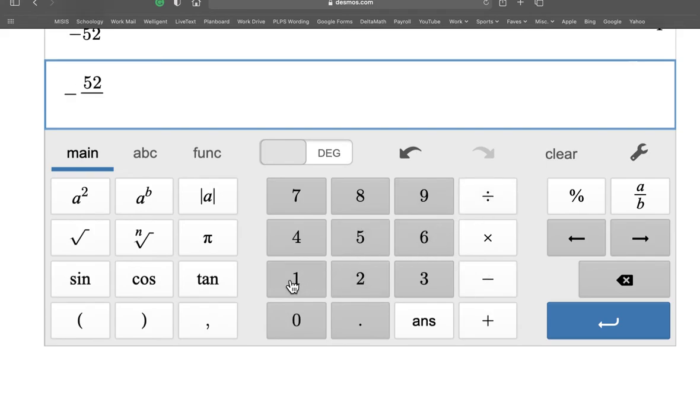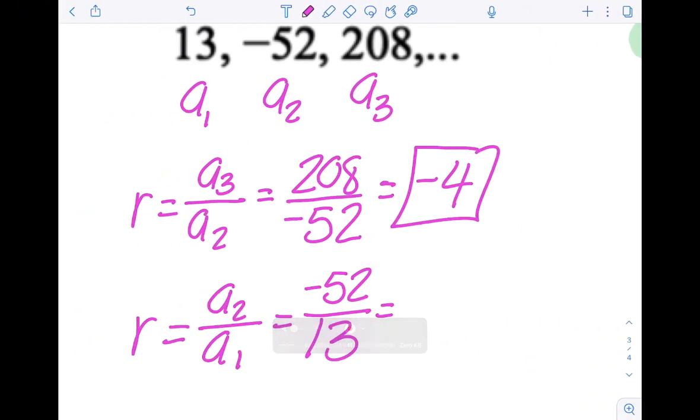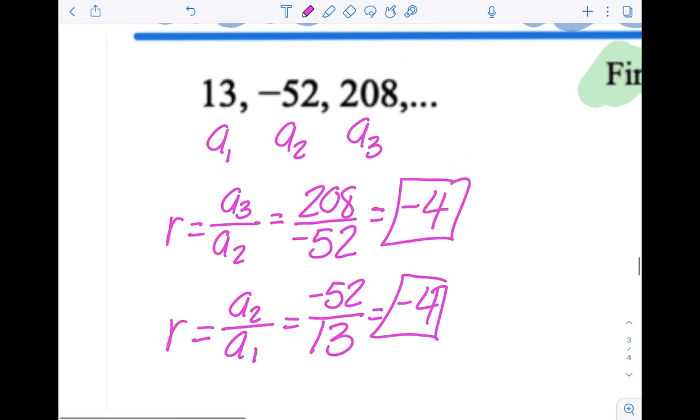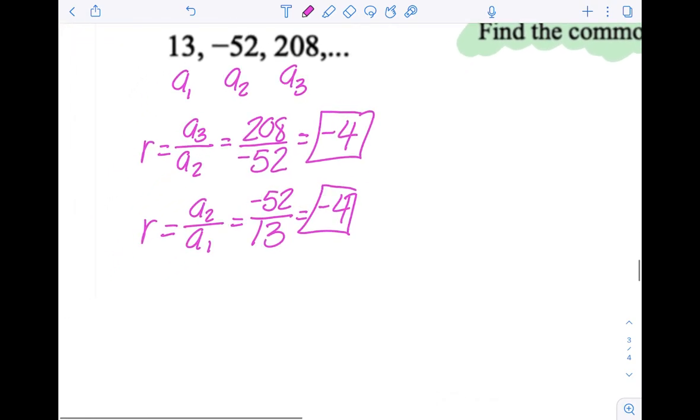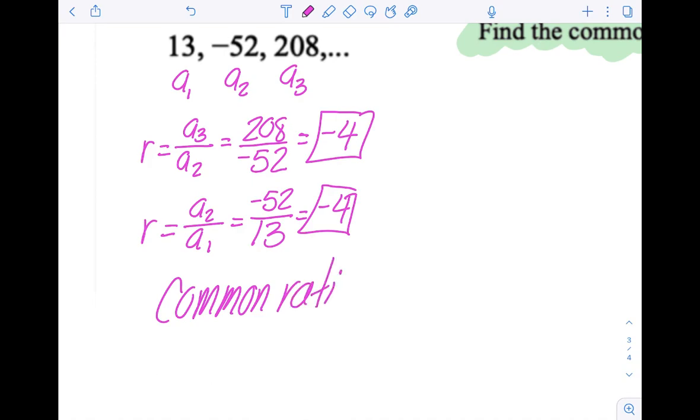Negative 4. Look at that. So I get negative 4 here as well. Right? So that means that my common ratio for this example is negative 4.